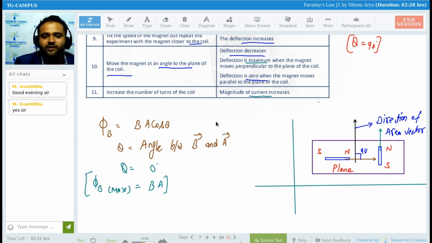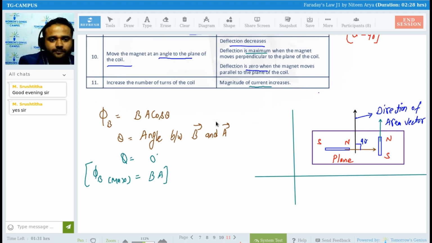Flux is a general property which is needed to pass through the coil. So if flux is 0, deflection is 0. That's what I teach you here. Deflection is 0 when the magnet moves parallel to the plane. Parallel to the plane, you can say perpendicular to the area vector, means 0.